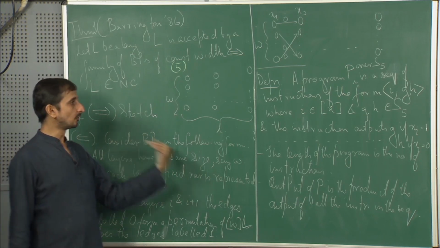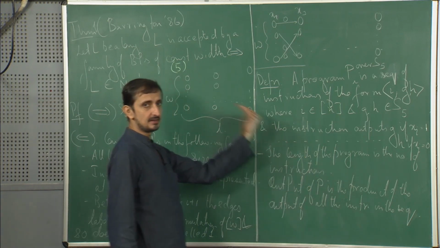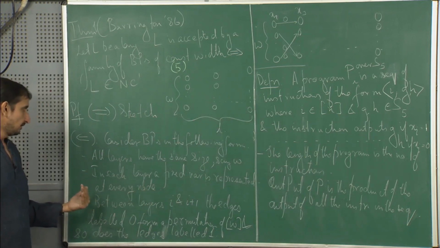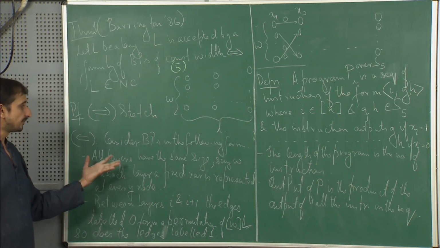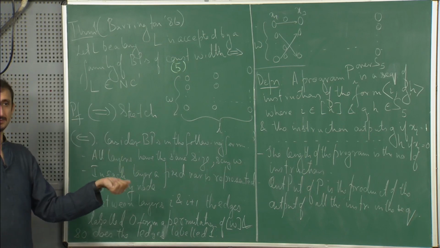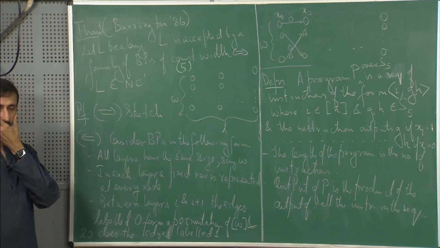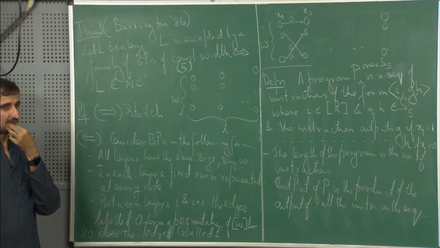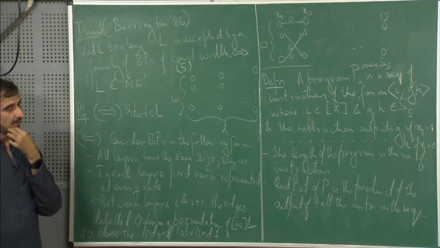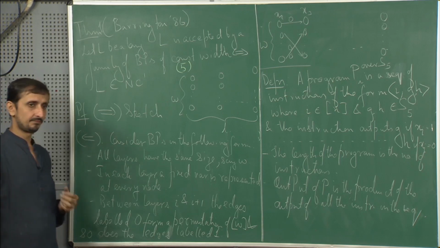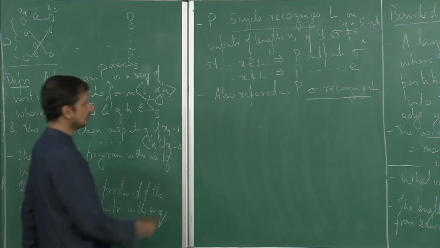Suppose I have a program P which recognizes a language, how do I get a bounded width, or width 5, branching program that recognizes that same language? Basically the edges going from there, right? So g gives the 1 edges and h gives the other. Exactly.